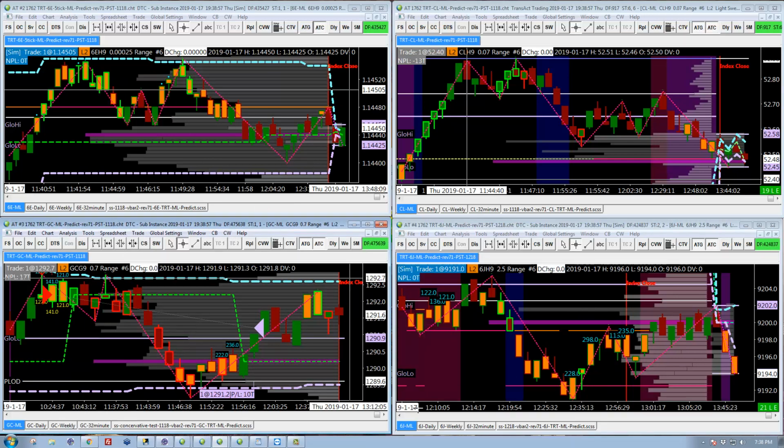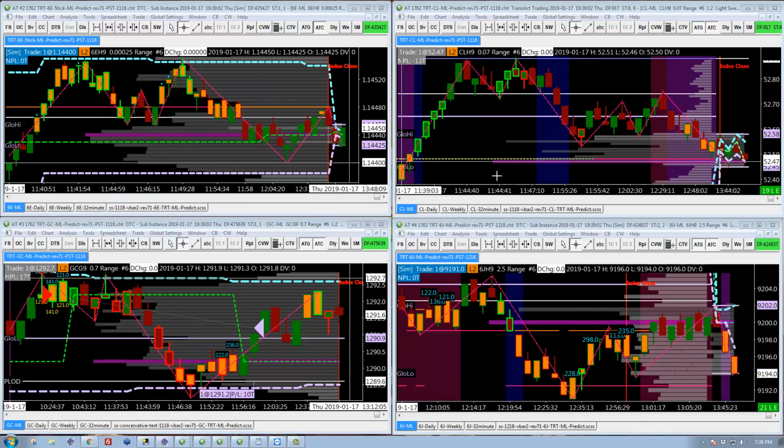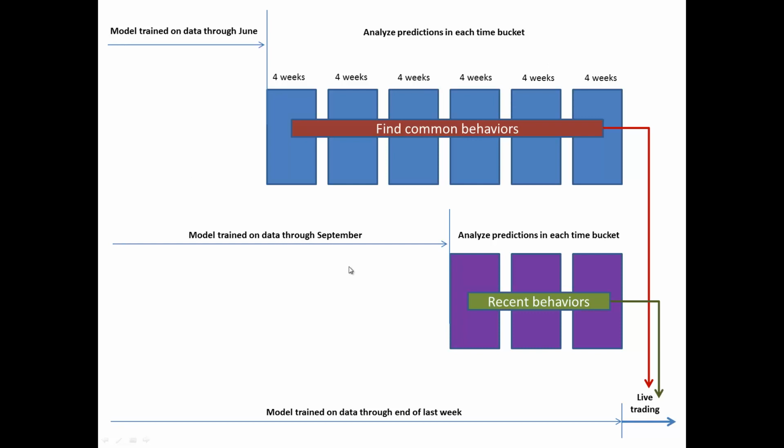All right, now, if we recall, we are doing an experiment in how we analyze the output of the machine learning system, and both gold and oil are using this bottom half, which is more aggressive but theoretically more relevant. I say theoretically because we just don't know.